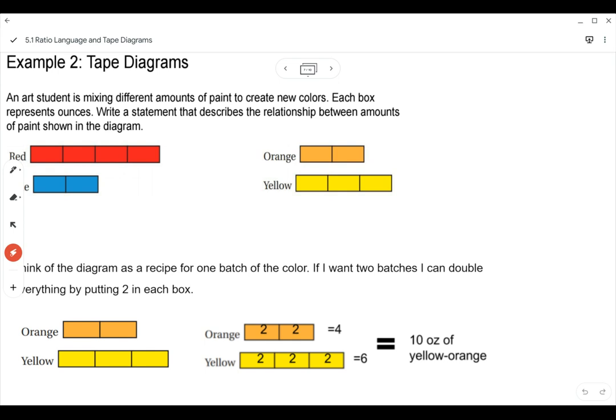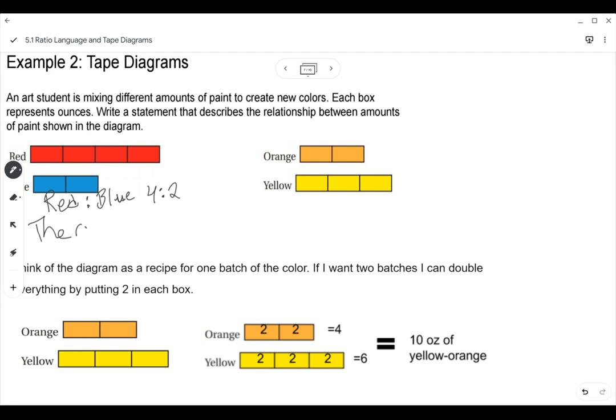So here in the diagram, we have a ratio of red to blue is 4 to 2. So if I want to write a statement, I could say something like what I just said out loud.